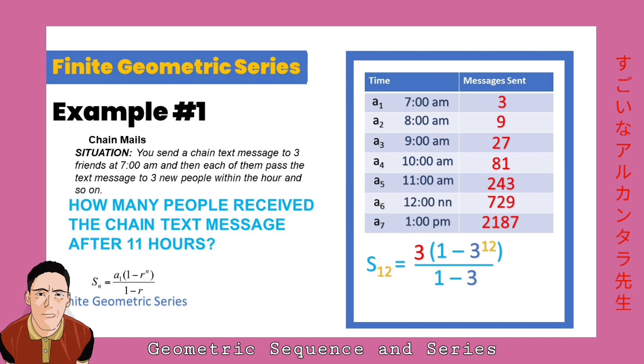Next. It is important for you to also realize that having the tools with you, the calculators with you, is not enough for you guys to get the correct answer. You have to know how to maximize them. One of the things that I would like to specify is the usage of the parentheses in the numerator. As you can notice here, we have 3 times the quantity 1 minus 3 raised to 12.